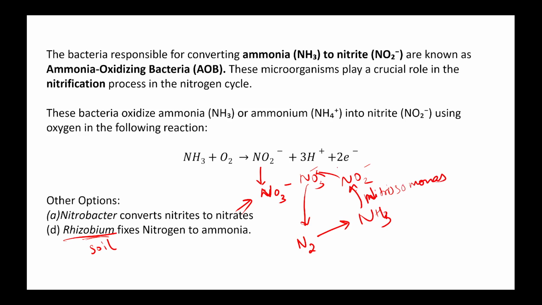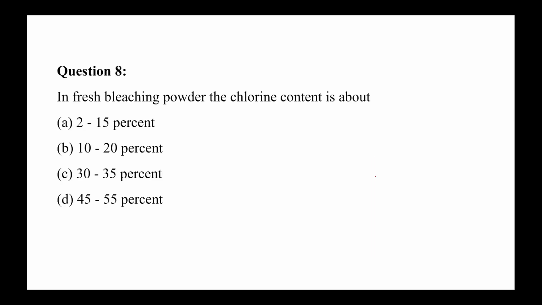Nitrite to nitrate is done by Nitrobacter. Nitrate to nitrogen is called denitrification. And then we have again nitrogen fixation. So this process is called nitrogen fixation, this process is called nitrification, and this process is called denitrification. So this is how a nitrogen cycle goes.